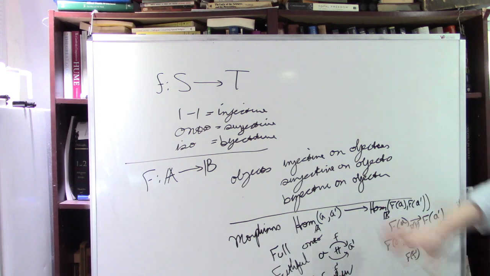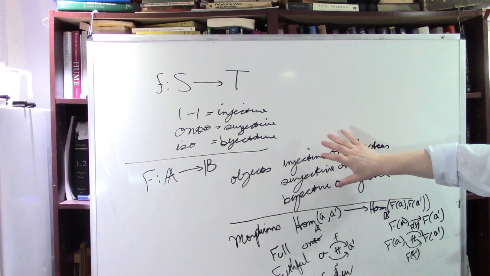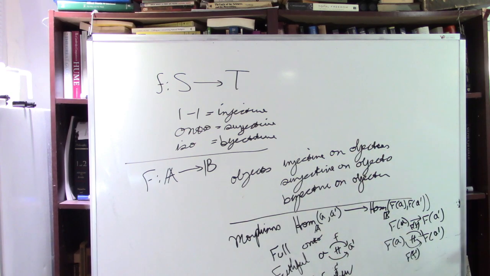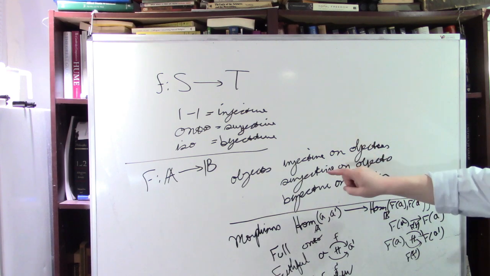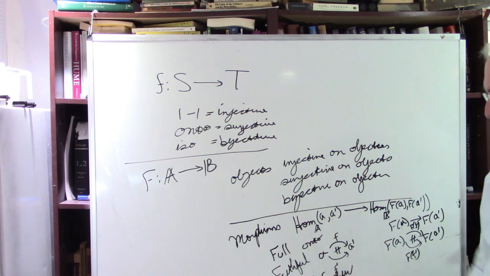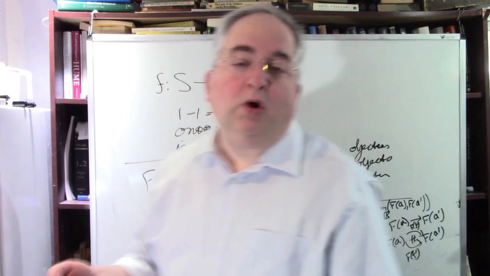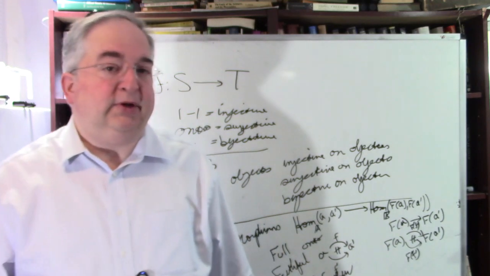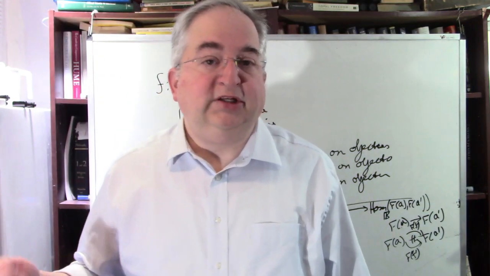So we have three possible things we can say about objects, and three possible things we can say about morphisms: injective, surjective, bijective, full, faithful, and fully faithful. Whenever we see a functor, we're always going to ask, does this have any properties? Is this in any way special?